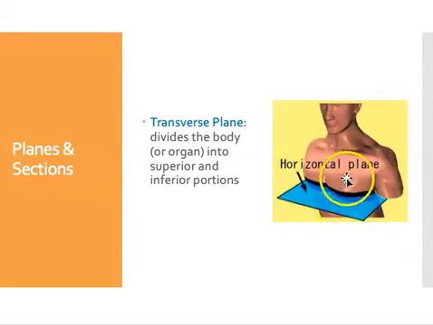Horizontal planes can cut through the body this way at any level. In other words, we're not talking about it creating equal portions of the body. That wouldn't be possible, right? Because there's no symmetry between the superior and the inferior portions of the body. So any plane that cuts horizontally through the body would be a transverse plane.